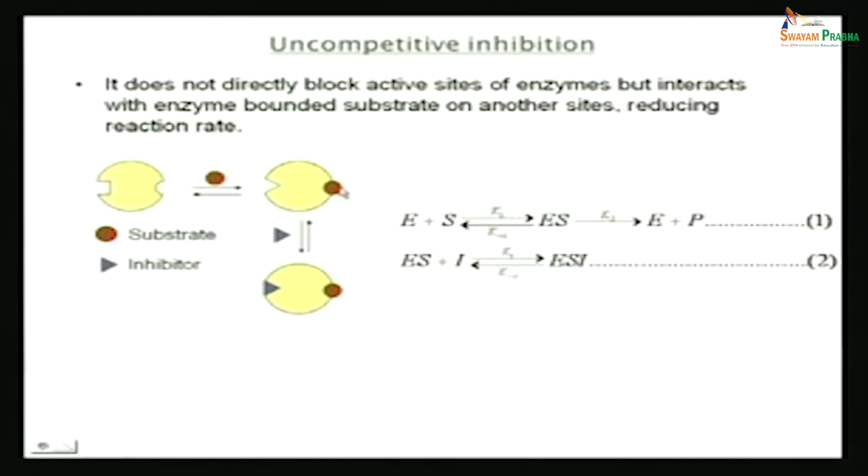One is the substrate combining with the enzyme to form the complex ES, which is needed for the product formation P, and the other possibility is both the substrate and the inhibitor combining with the enzyme to form this complex ESI, which is not required for us. As a result, this will not lead to product formation, right?